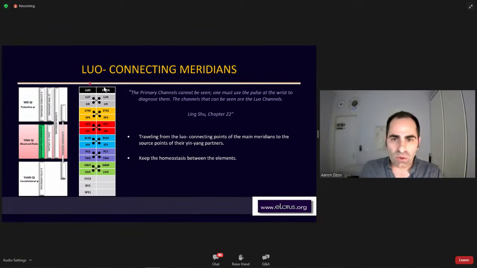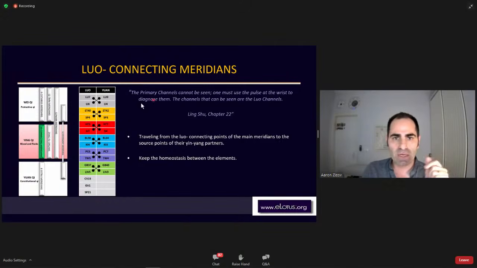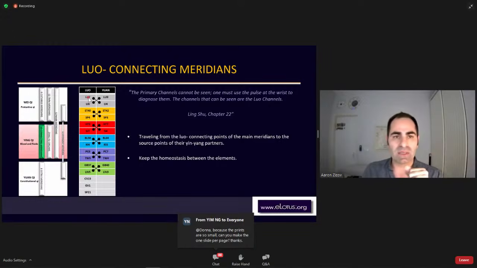So we talked also about the Luo connecting points. There are a few ways of working with the Luo channels, which are specific points that open the Luo channel, and usually we want to create homeostasis between the two meridians in the same element.